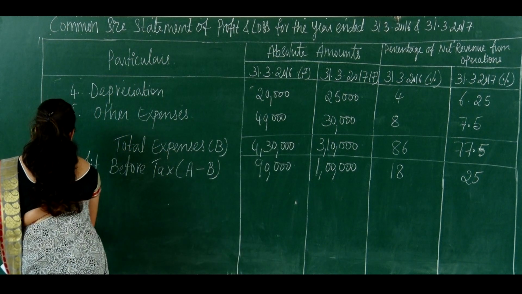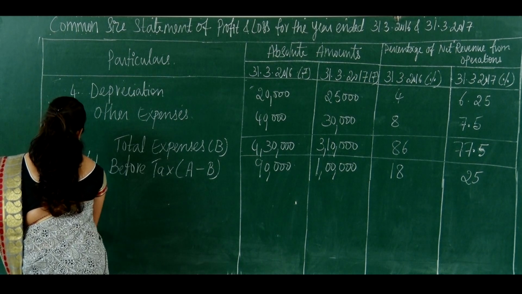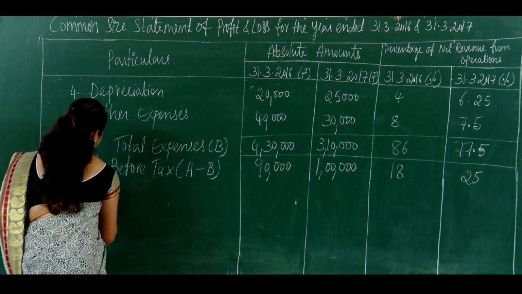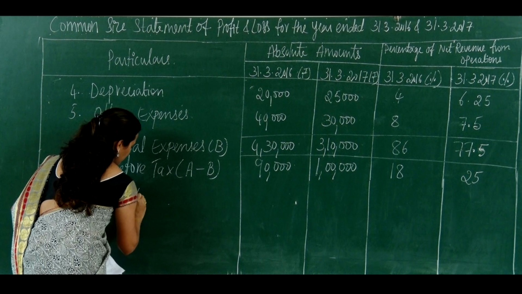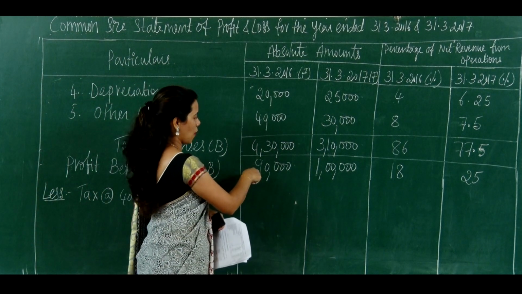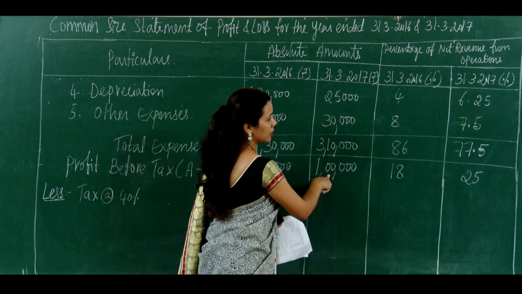Then apply tax at 40 percentage. So, on profit before tax calculate 40 percentage, and for 1 lakh also 40 percentage.